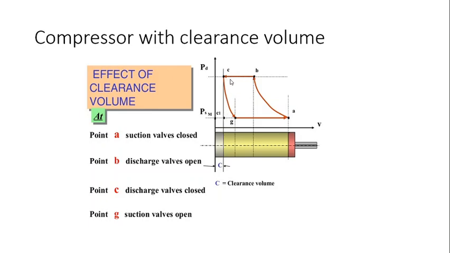So, the effect of clearance volume: after the compression and delivery, there will be a small amount of compressed air inside this clearance volume. So in the next stroke, before the suction stroke, that compressed air expands inside the cylinder.